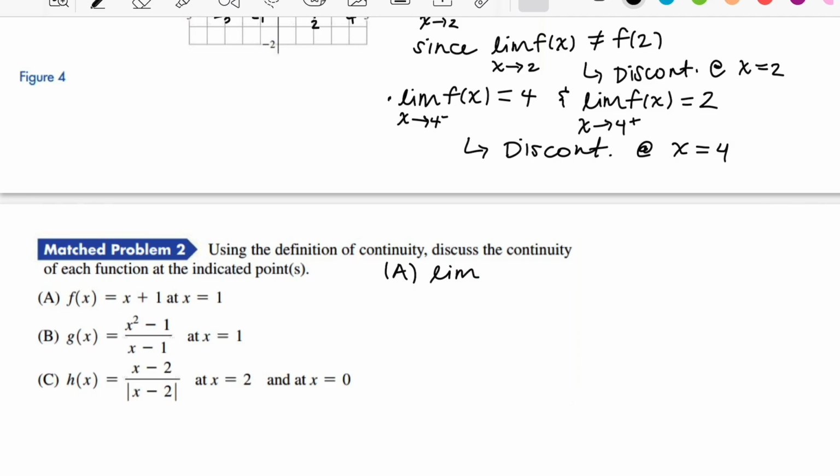We want to look at the limit as x gets closer to that point. So plugging that in, we get 2. And then plugging x equals 1 into our function gives us 2 as well. So the limit of our function as x approaches 1 is the same as the function value.